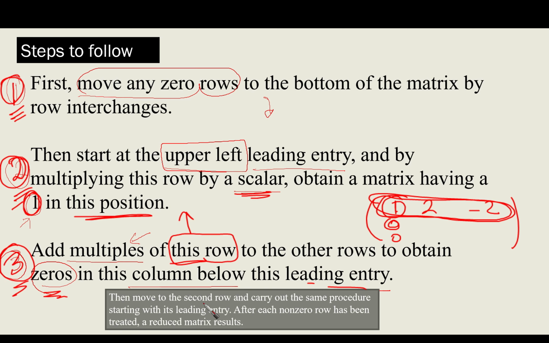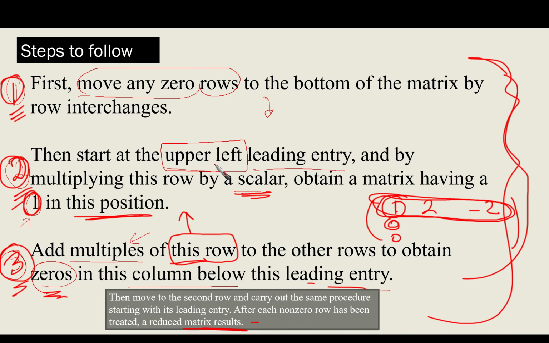Then go to the second row and carry out the same 3 steps again with its leading entry. After each non-zero row has been treated, a reduced matrix results. So this summarizes what you are going to do in order to obtain the reduced matrix.